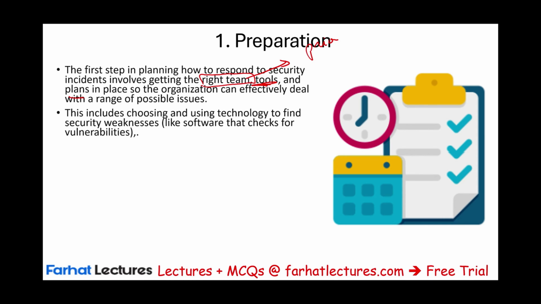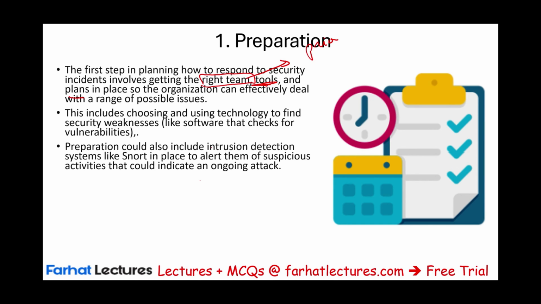This includes choosing technology, like software that checks for vulnerabilities to find security weaknesses. Preparation could also include an intrusion detection system, IDS, like a software called Snort, that should be in place to detect any suspicious activities and alert us. This is part of our preparation.